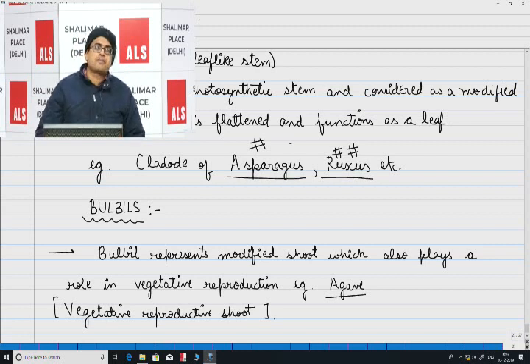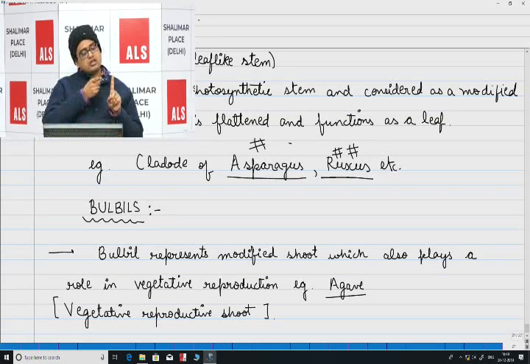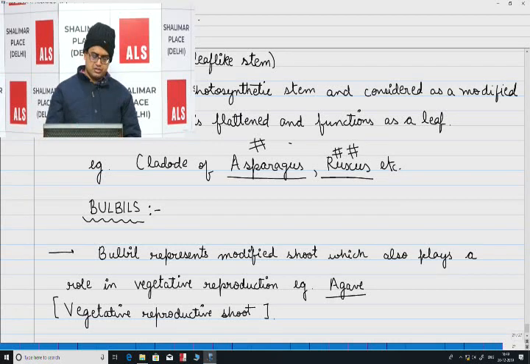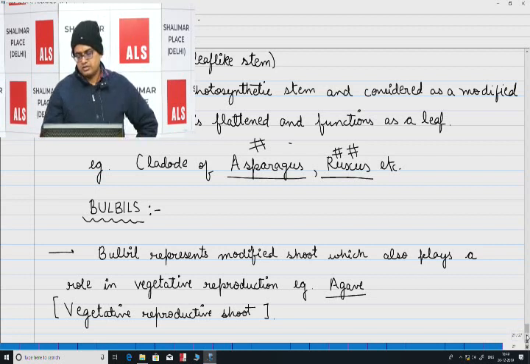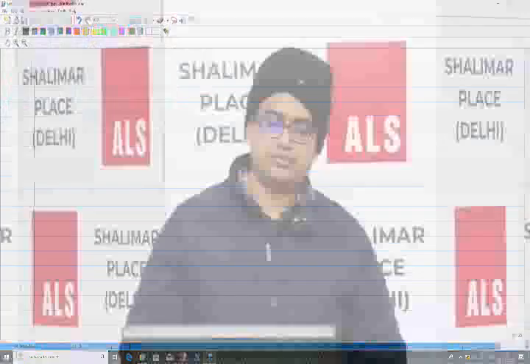Third is spine, leaf wholly modified into a pointed structure, that is spine. So prickle, thorn, spine are three pointed structures. Out of these, thorn and prickle basically are modified stem parts. Okay, so this is done. So finally we have completed the stem modifications. So root is done, stem is done.